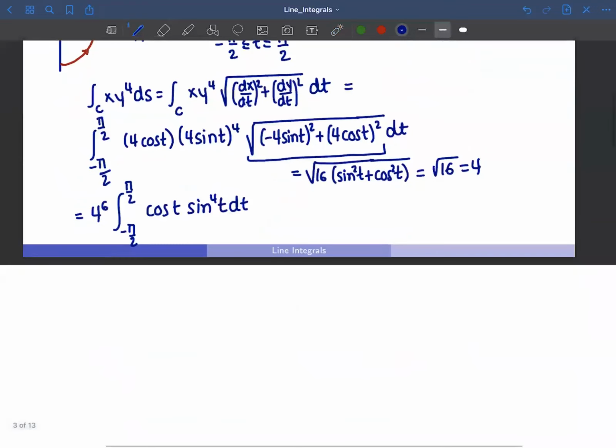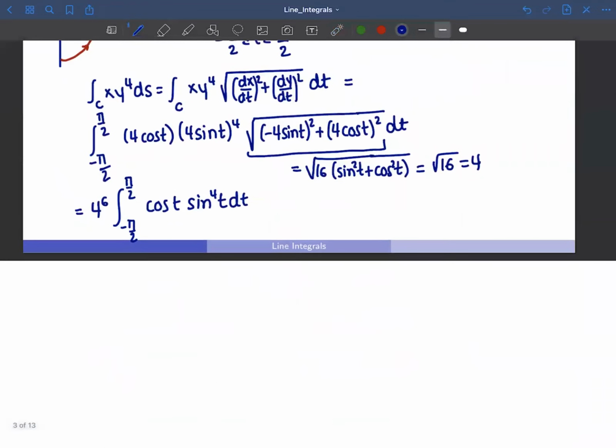And here we can do a u substitution. So substituting u with sine t, we have that du is equal to cosine t dt. So therefore, the integral of cosine t times sine to the fourth t dt will give us the integral of u to the fourth du, which is equal to 1/5 u to the fifth plus a constant c, if we had an indefinite integral, and this is equal to 1/5 sine to the fifth t plus c.